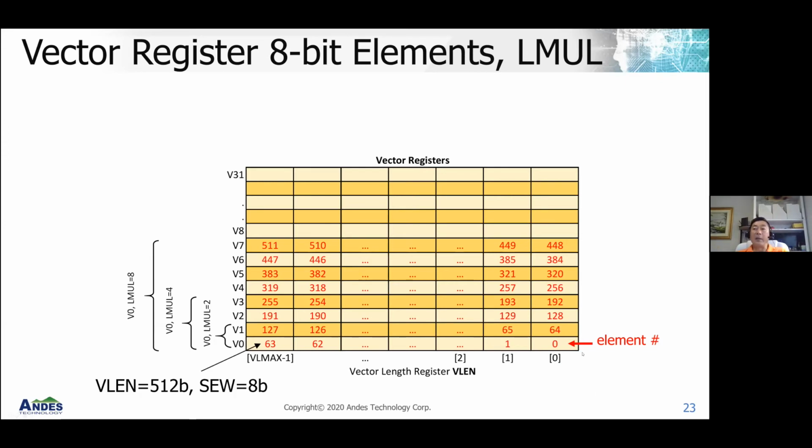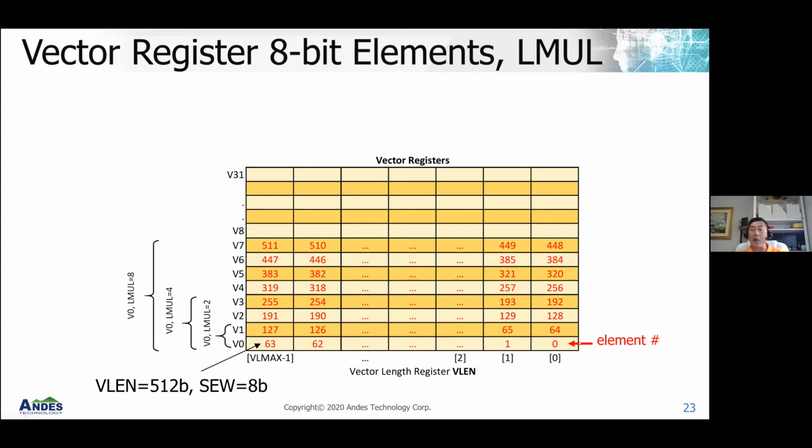In implementation, this will be broken up into 8 micro-ops. The vector processor will perform 64 element 8-bit adds per clock cycle, and so with 8 micro-ops, it can perform 512 element adds in 8 clock cycles.